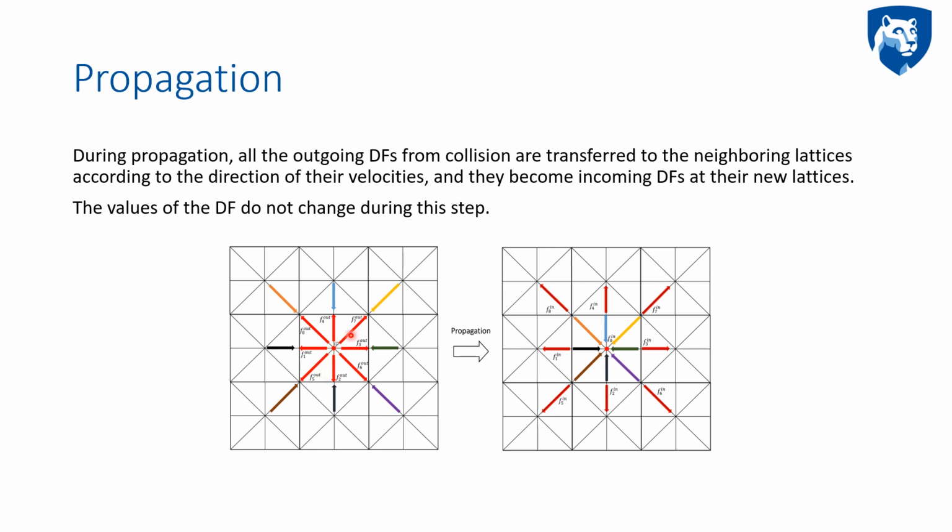F7 is going to move to the top right, F4 is going to move to the top, F1 is going to move to the left, and so on and so forth. All of these are going to move except for F0 right here, which is going to stay at the same position since we mentioned earlier F0 corresponds to the molecules at rest. They are not moving.